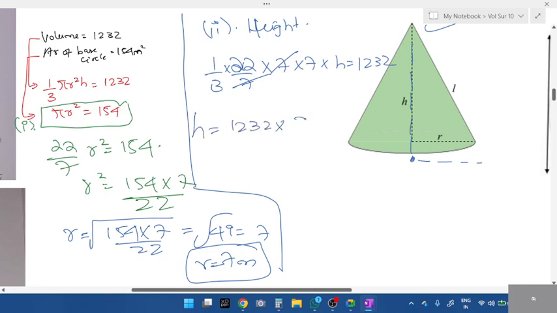This 3 will get multiplied. Yes, 3 will get multiplied. 22 and 7 will get divided, right? Is it correct, Mariana? Okay, divide 7 by 22. 1232 into 3 by 22.